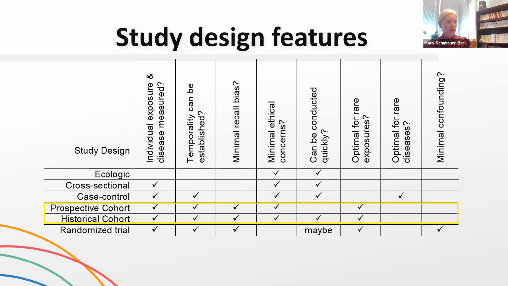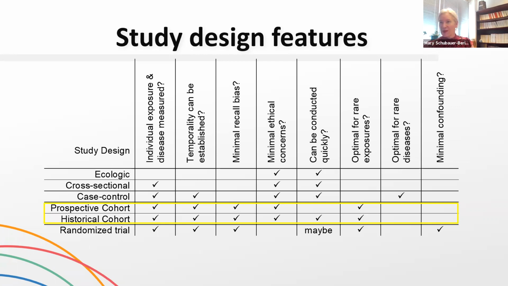They allow the establishment of temporality. They have minimal potential for recall bias because generally exposure data is collected before disease is observed. They have minimal ethical concerns, at least compared to a randomized trial. And at least one of them can be conducted fairly quickly. That is the historical cohort study.